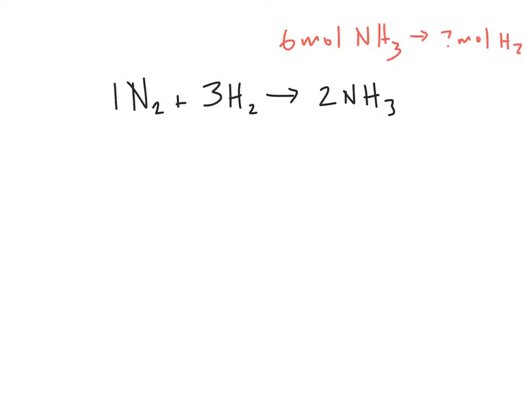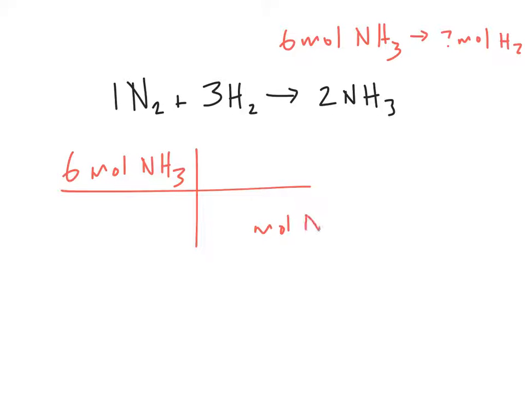Okay, so we're going to start with what's given. Let's say 6 moles of ammonia is given to me. So I write what's given to me, and then I bring down the units, moles of ammonia, and I want to convert moles of ammonia to moles of hydrogen gas. So this right here is my mole ratio.